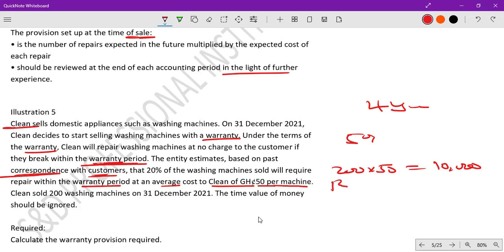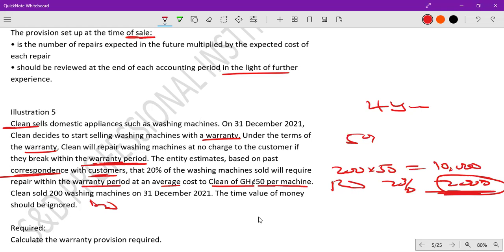Then the probability of its occurrence is 20%. What is 20% of the 10,000? 2,000. So this will be the provision that is likely to occur. If the question has given you a discount rate or an incremental borrowing rate of the entity, after getting this 2,000, you need to discount it to its present value.